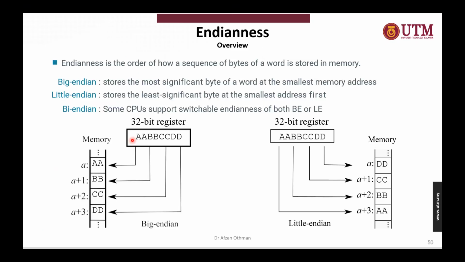And the last slide here is for the endianness. This endianness is very important when we're going to store data inside the memory. So what is endianness? Endianness is the order of how the sequence of bytes of a word is stored in the memory, how you put the data from the CPU to the memory.